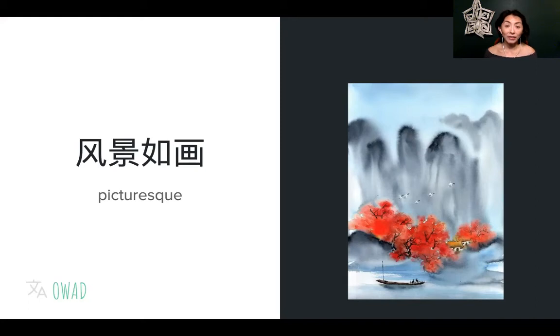Most likely the viewer standing in front of this picture could envision themselves either on the boat or on the bank behind, viewing the whole scenery together. Occasionally there will be some birds flying across the sky. And you see the fall colors and the housing in between. That's the ideal idyllic image in Chinese aesthetic.